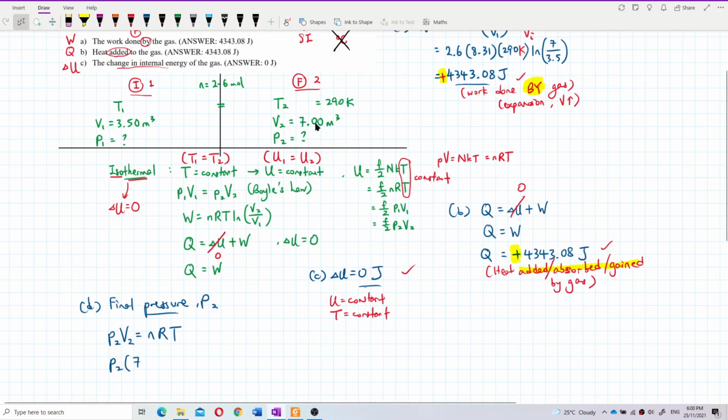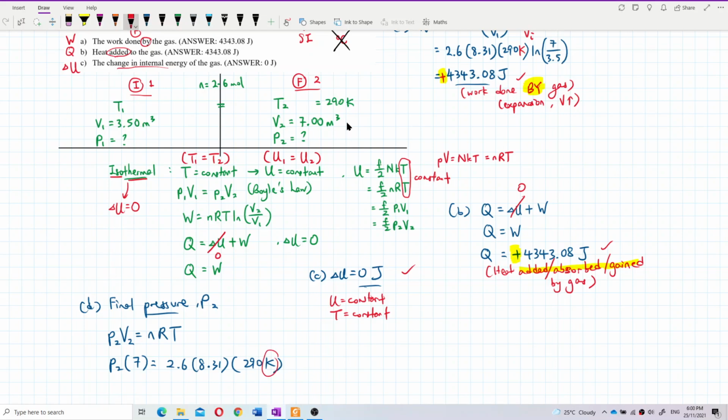Volume is 7, number of mole is 2.6 mole, R is 8.31, and temperature is 290 Kelvin. Remember it must be in SI unit.